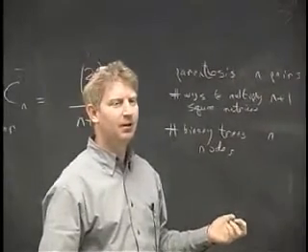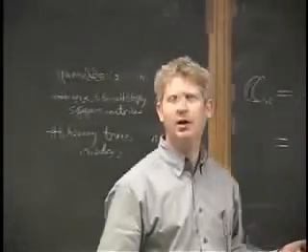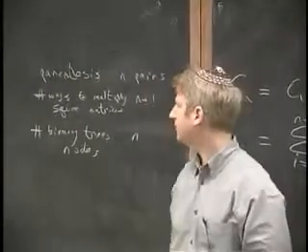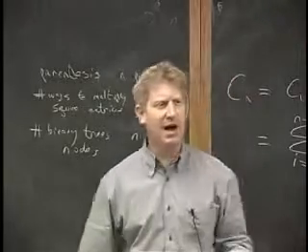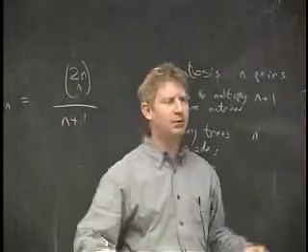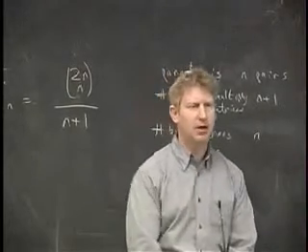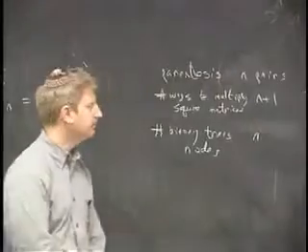They get big really fast. They're 1, 2, 5, 14, and then some big number. 42, 132. They get big fast. They grow quickly. I don't know the first few by heart.